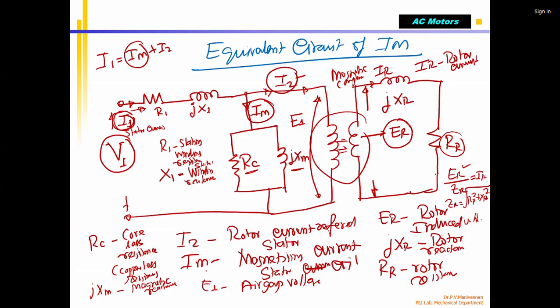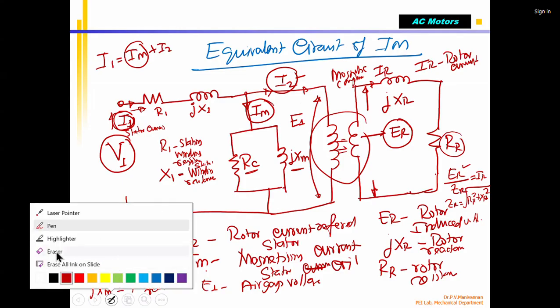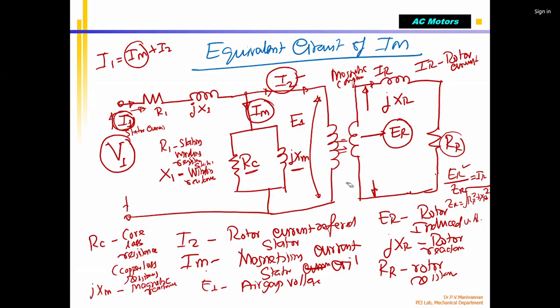Sir, one basic doubt I have. Yes, please. Sir, when it comes to magnetic flux creation, does reactance play the major role or does resistance play the major role? See, the magnetic field creation depends on both combined. It depends purely on how much current is flowing.